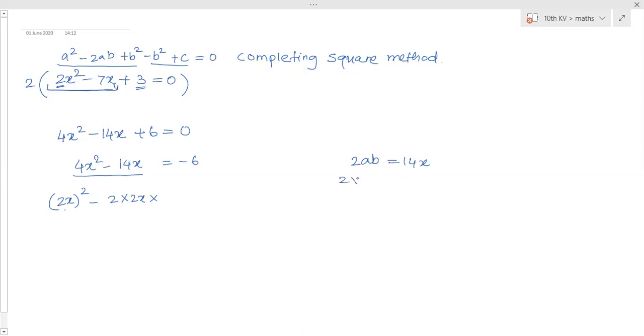Out of this, 2, a is 2x, into b is equal to 14x. So b is equal to 14x by 4x. 2 into 2 is 4x, the x's get cancelled, 2 sevens are 14, 2 twos are 4. So the value of b needed is 7 by 2, and we write 7 by 2 here.